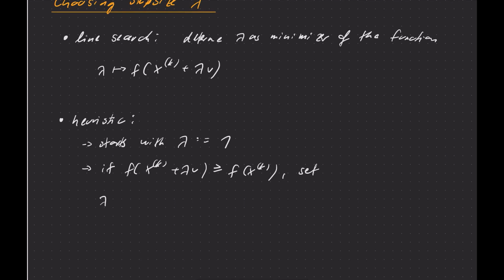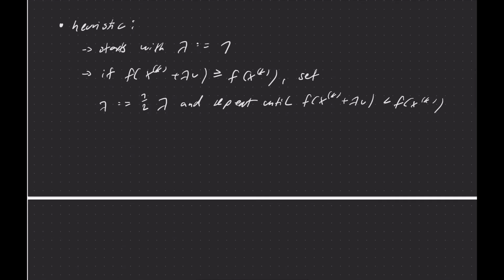So we set lambda to 1/2 of lambda. We just divide the value of lambda by 2. And we repeat this procedure as necessary, and repeat until we actually get a decrease. So until this condition is satisfied. And we just keep that level of lambda.